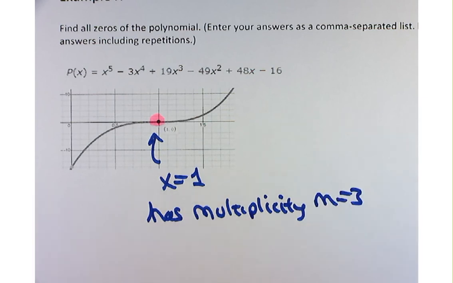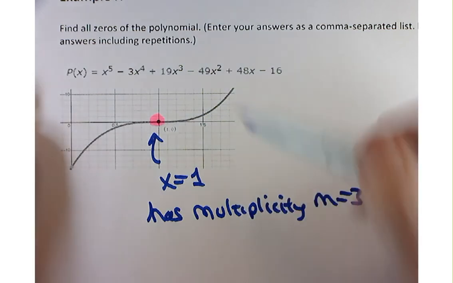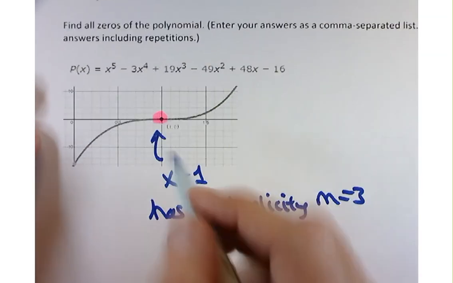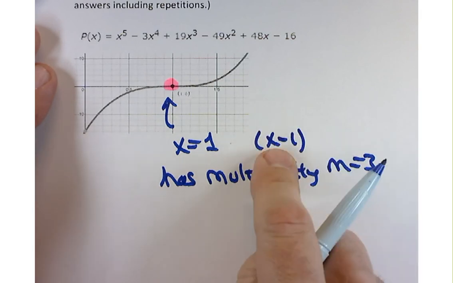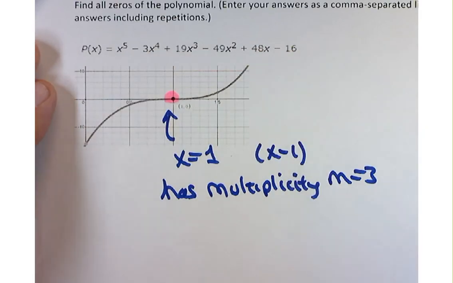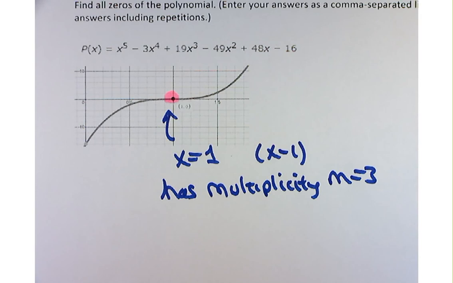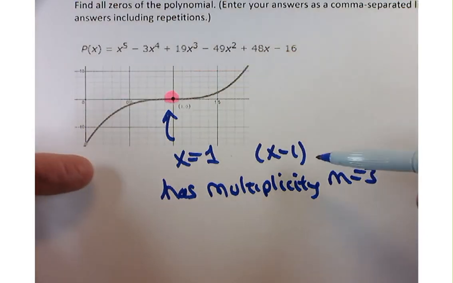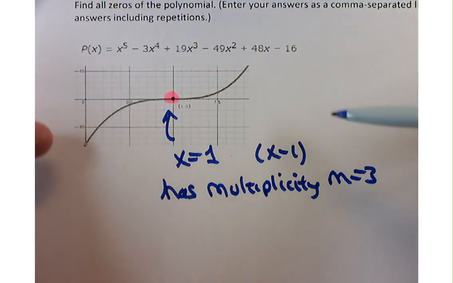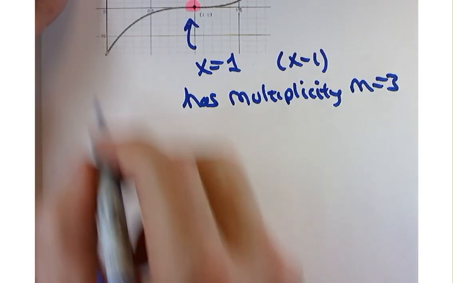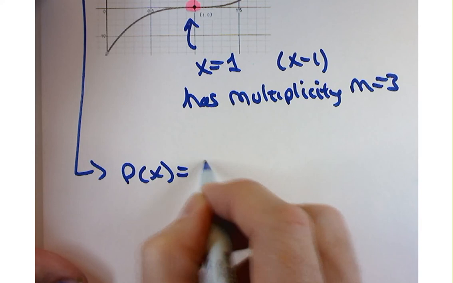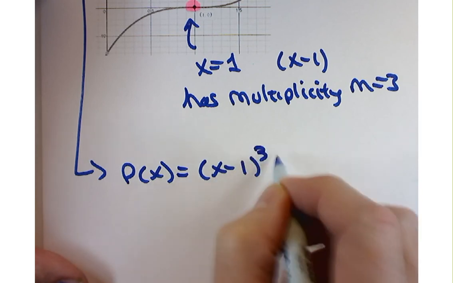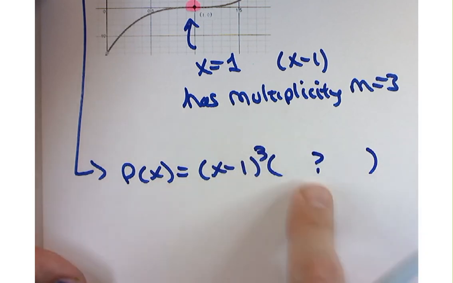So what you're going to have to do is divide out the term x minus 1 from this polynomial a total of 3 times. You divide it out the first time, and then it's still going to be a root, divide out the second time. Eventually you'll be able to write p of x as an x minus 1 cubed term times something else.